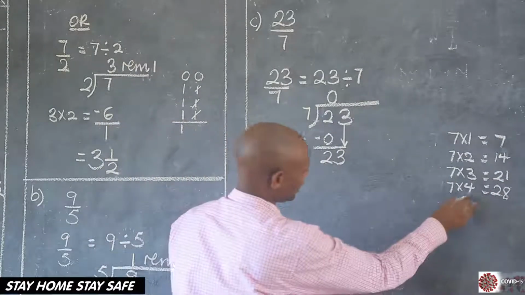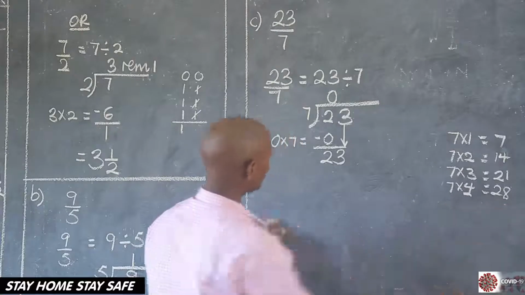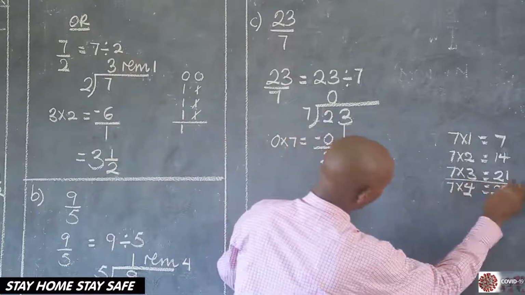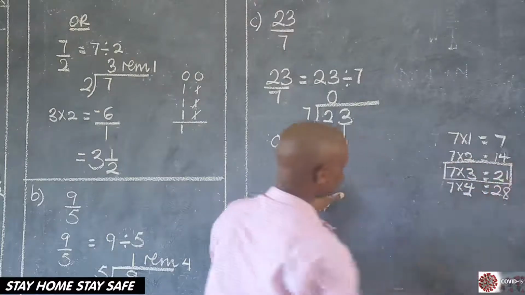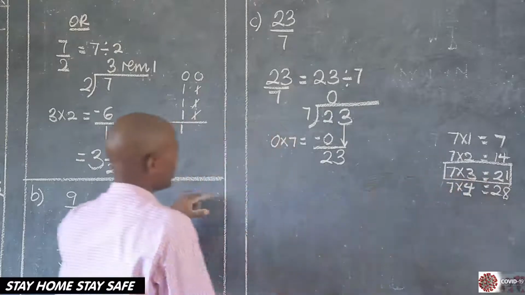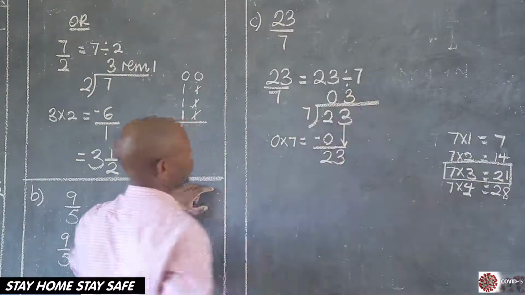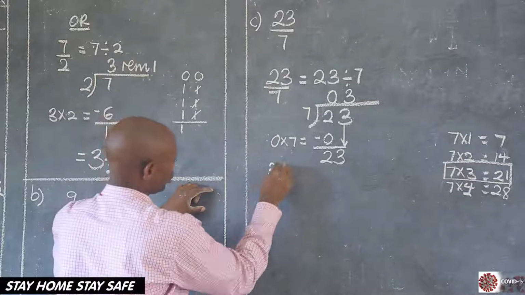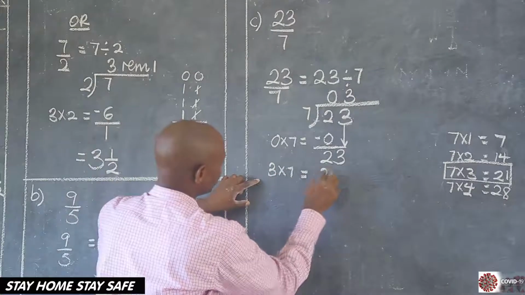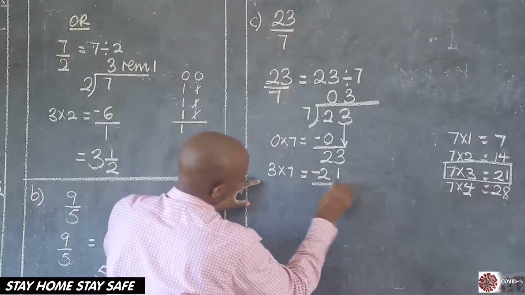So if I take 4, it is going to be 28, which is bigger. It means I will go for that one. So how many groups of 7 do I get from 21? There are 3. So you get 3, you multiply it by 7, which is going to give you 21. Then you take away.